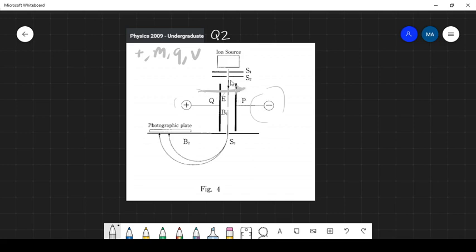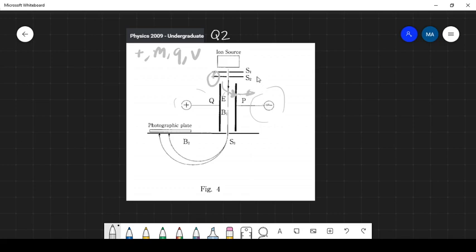Now notice, what is passing? It's a proton, so it's positive. So where is the force applied on it? It's there. The electric field and the force of the electric field is applied there. You need to remember that it's not always the case. It's a positive charge, so it wants to go to the negative charge.